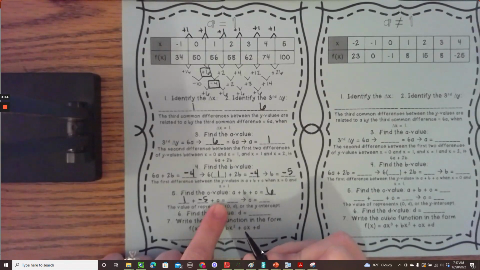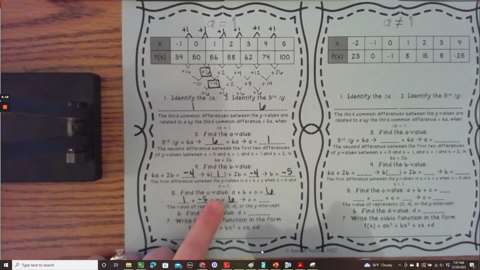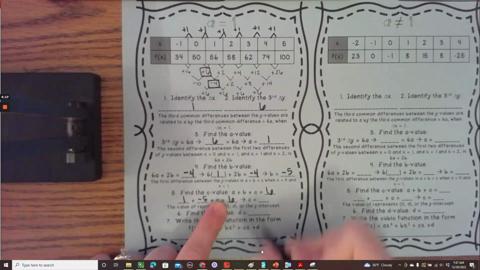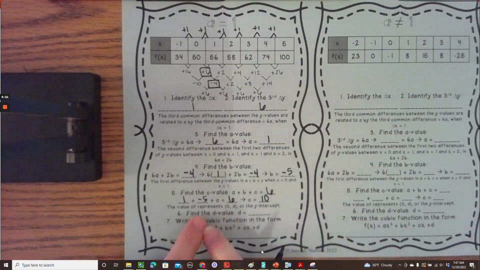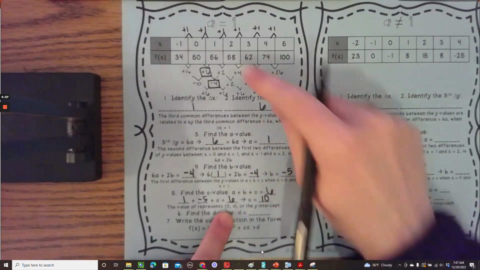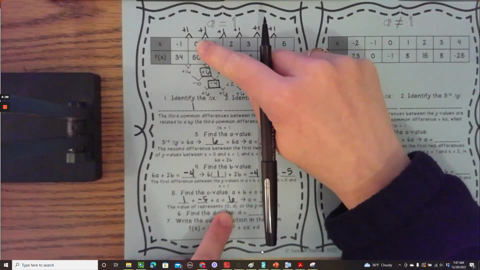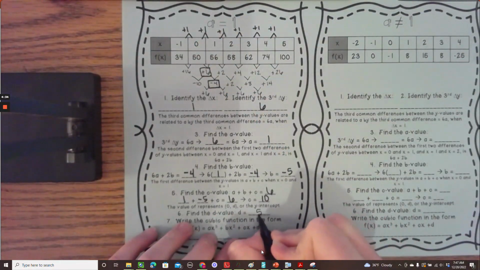We're looking for c, but we know they equal 6. So again, if we solve this equation for c, c is going to equal 10. The d value, oops, sorry, I've got a misprint here, represents the y-intercept. So wherever x is 0, this y value, that's your d value.